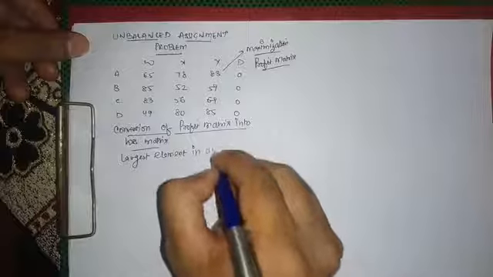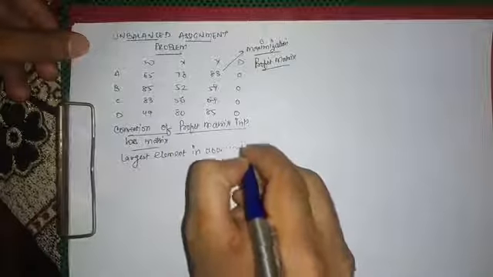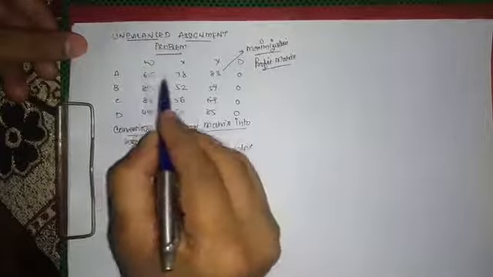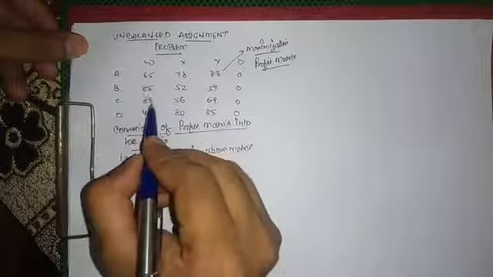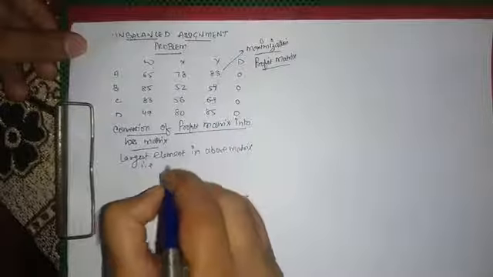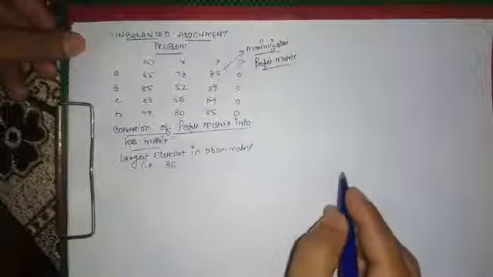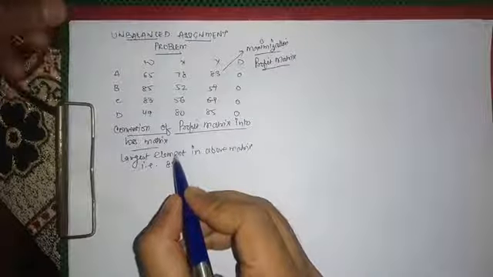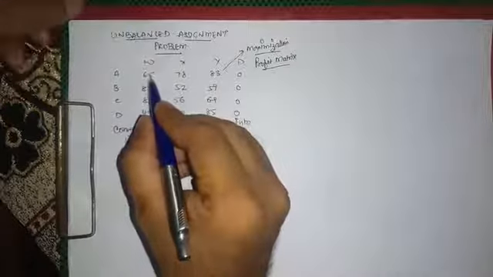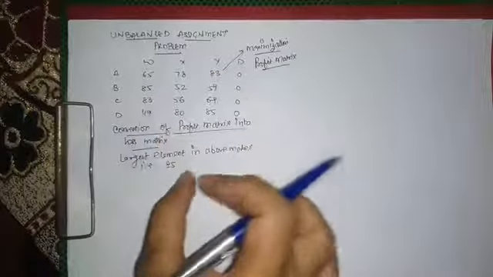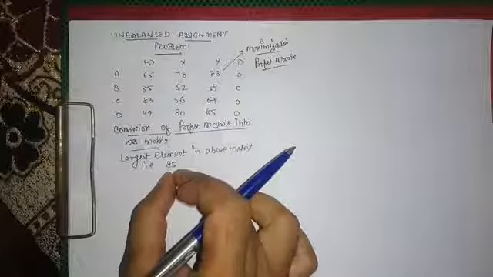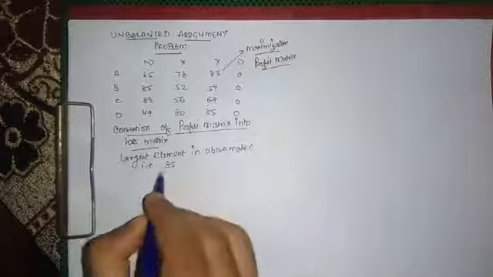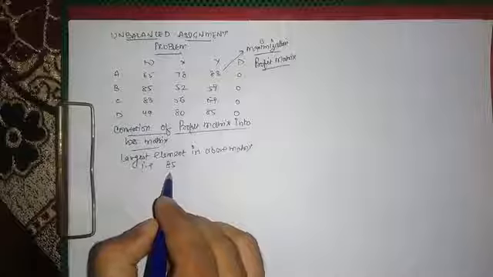In the above matrix, which one is the largest? 65, 78, 83, 85. That is the largest element. We will deduct every single element of the matrix from the largest element.